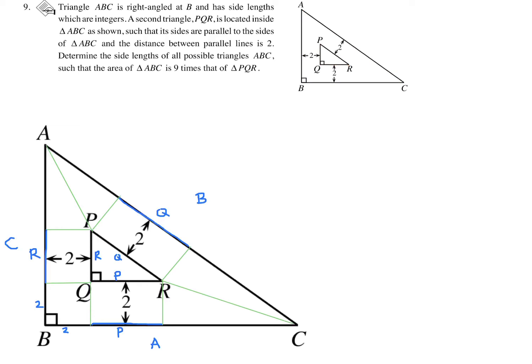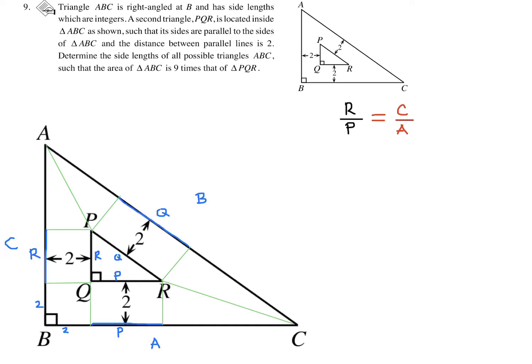So that means that if you look at the way I labeled it, you have R over P, so this R over P is the same as, if you look at the big triangle, C over A. So this C over this A.